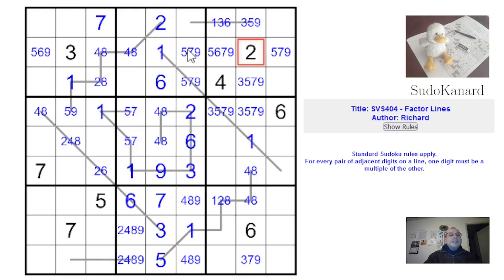Well, we need a 3 somewhere in here. There's an 8 somewhere in here.